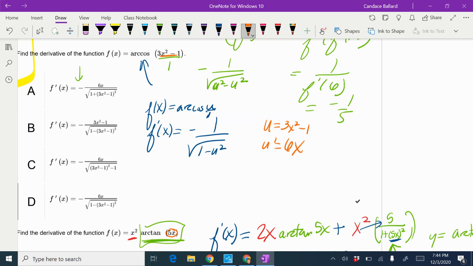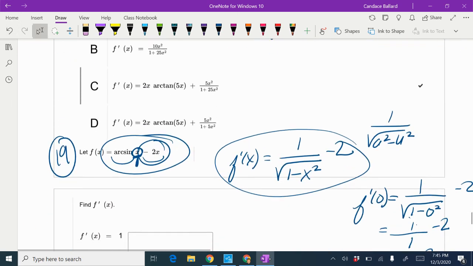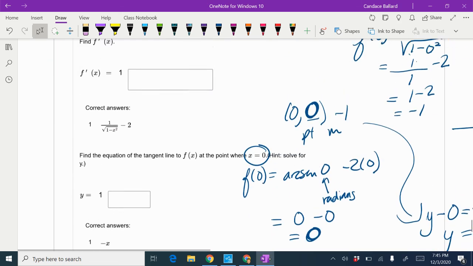And then remember, I have to multiply by the inside function, so I'm multiplying by 6x. So we get -6x over the square root of 1 minus the u, which is this 3x squared minus 1 squared. So it is looking like answer choice D. And I believe that's the last one that we had to do.